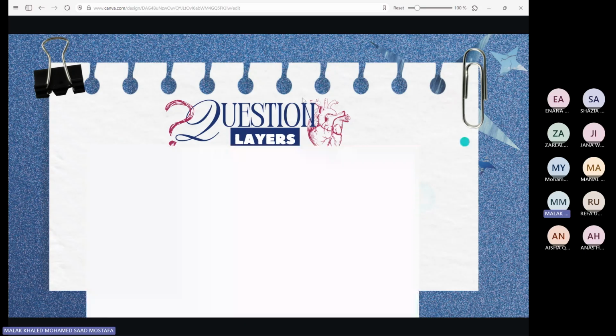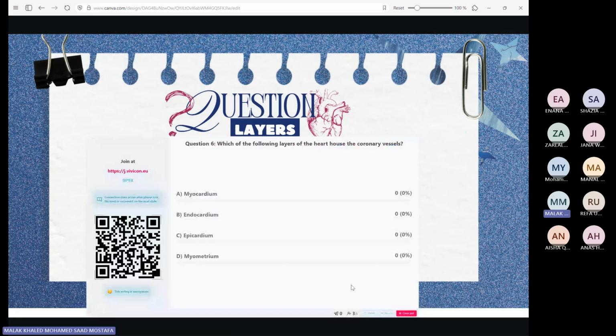One last question about the layers. Which of the following layers of the heart house the coronary blood vessels? This is a bit confusing because when you think about coronary blood vessels, you think about how they supply the myocardium, right?